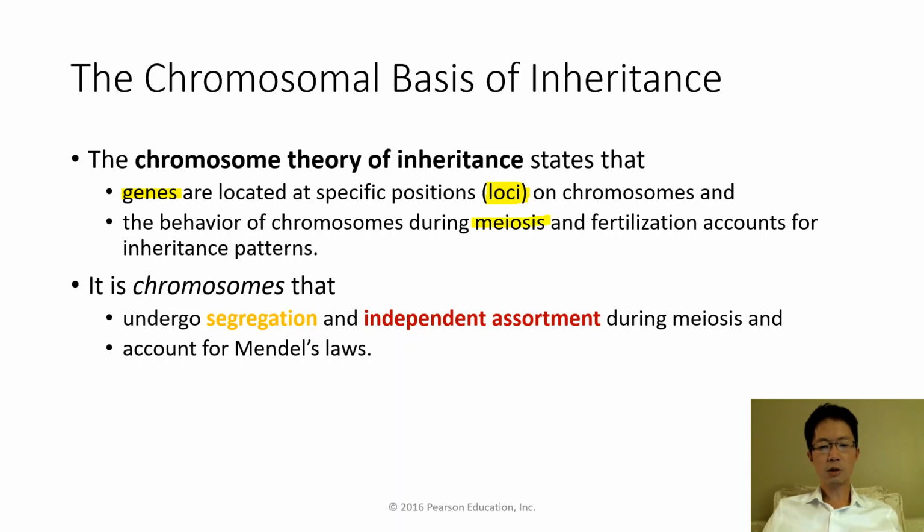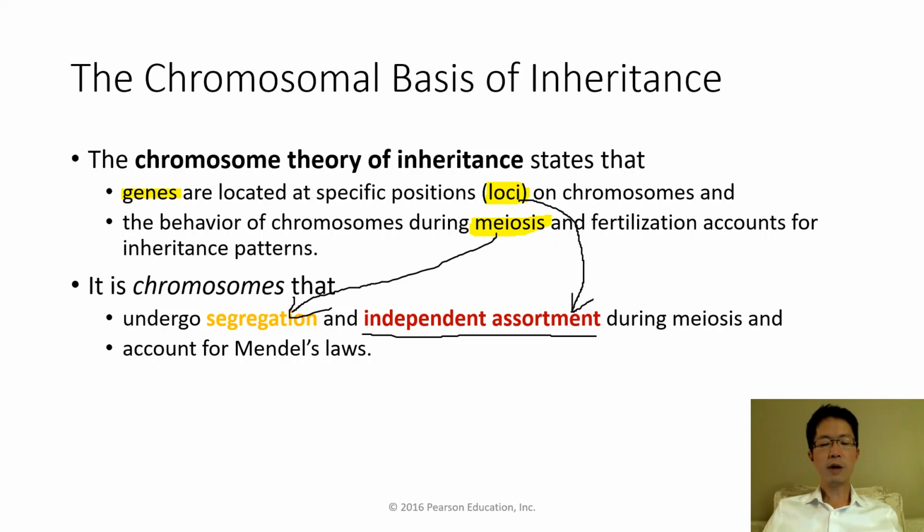Meiosis causes segregation of the two alleles, and independent assortment really depends on the locus of the two alleles. I'll show you what it means.